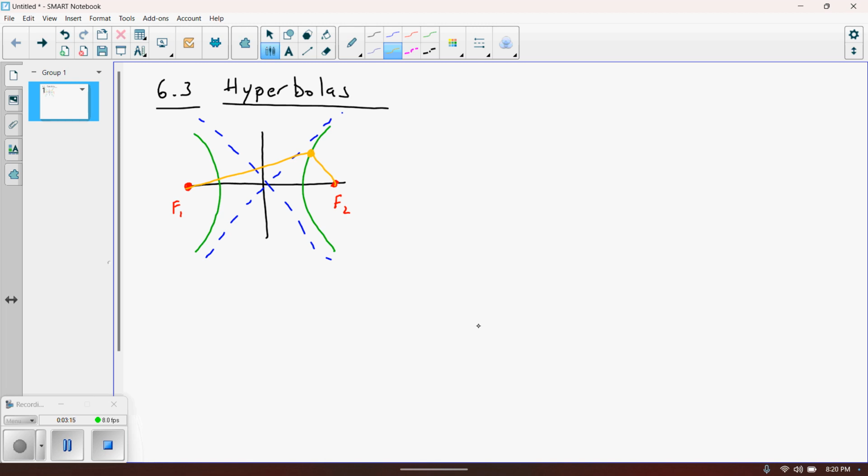Again, not something you have to know unless you're going to try and derive this formula, which stems from distance formulas. Basically, this is your formula. If we have a hyperbola which, hopefully you can see, in this case only intersects the x-axis, there are no y-intercepts. What we call the main axis is called the transverse axis.